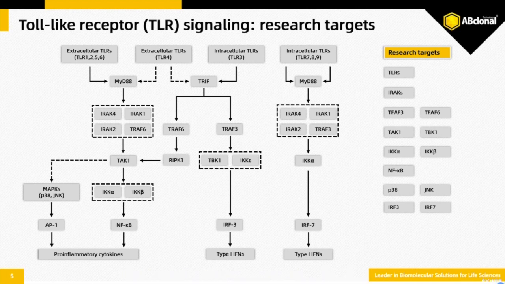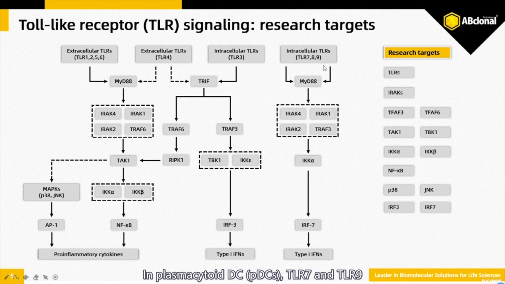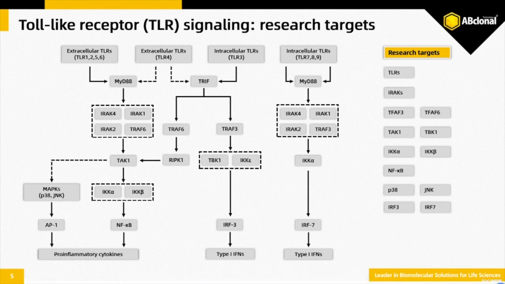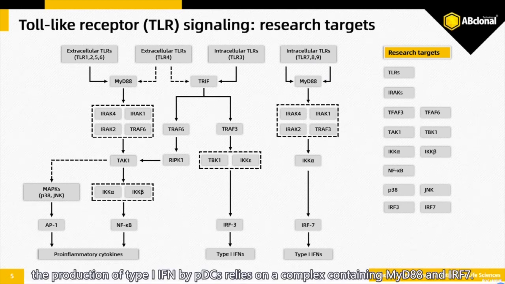In plasmacytoid DC, TLR7 and TLR9 serve as primary sensors for RNA and DNA viruses. Interestingly, the production of type I interferons by PDCs relies on a complex containing MyD88 and IRF7.